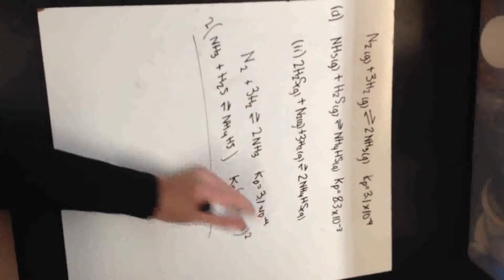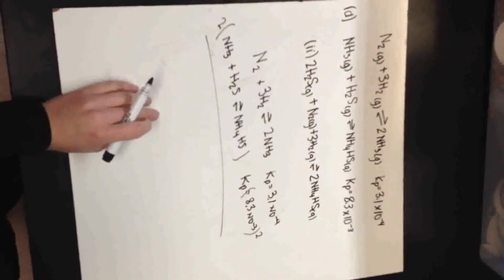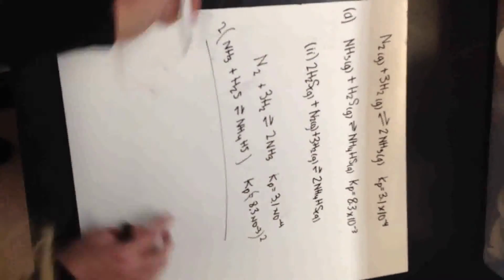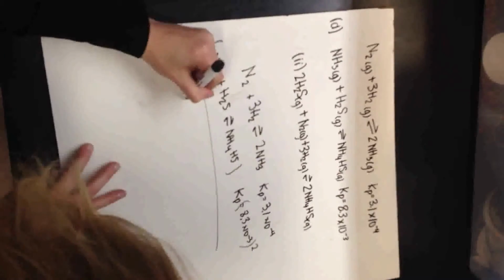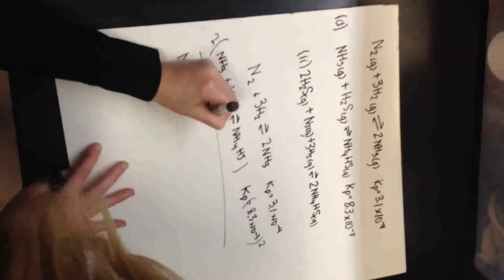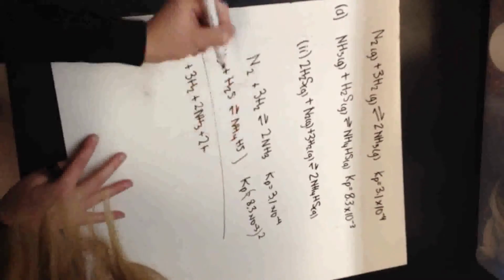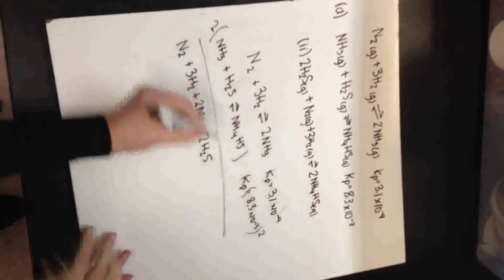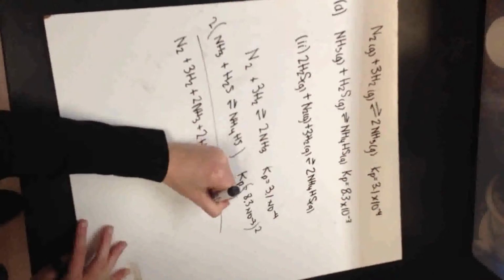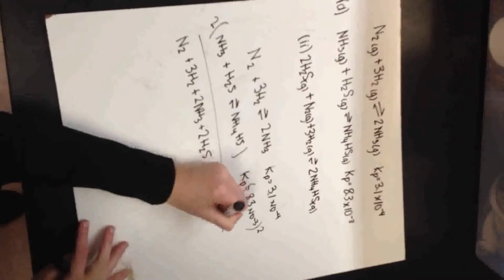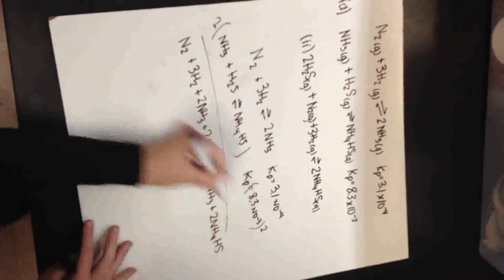Also, the equilibrium constant is the product of the equilibrium constants for the individual steps. So you know, if we add this together, N2 plus 3H2 plus 2NH3 plus 2H2S will give you 2NH3 plus 2NH4HS.